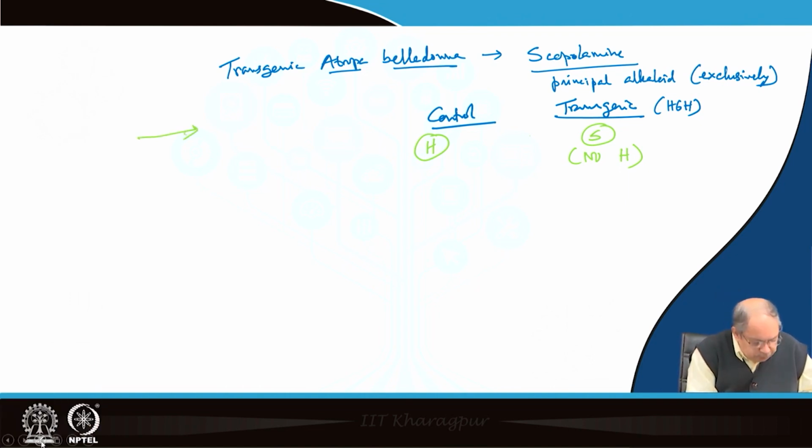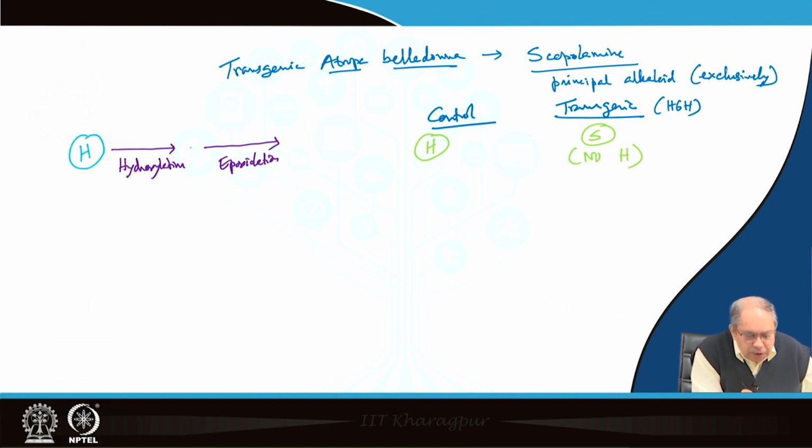By raising that issue once again, one is the hydroxylation, another is the epoxidation. I said H is converted into HH and then HH is converted into S, and the first constitutes 95% and the second 5%.